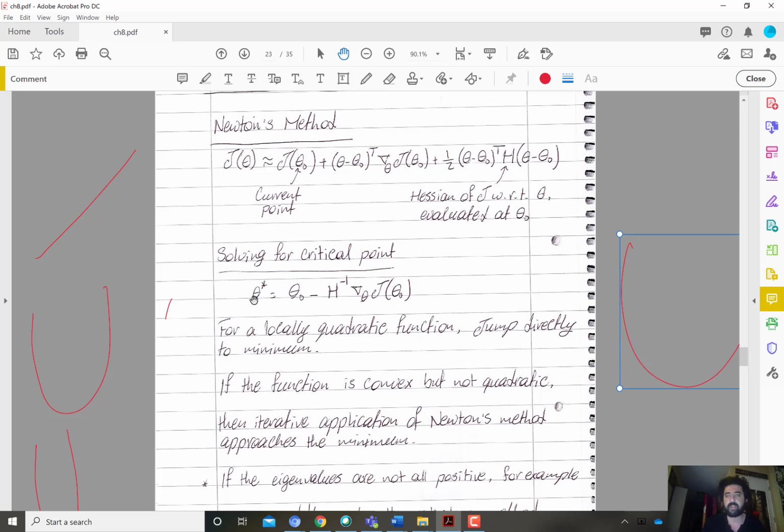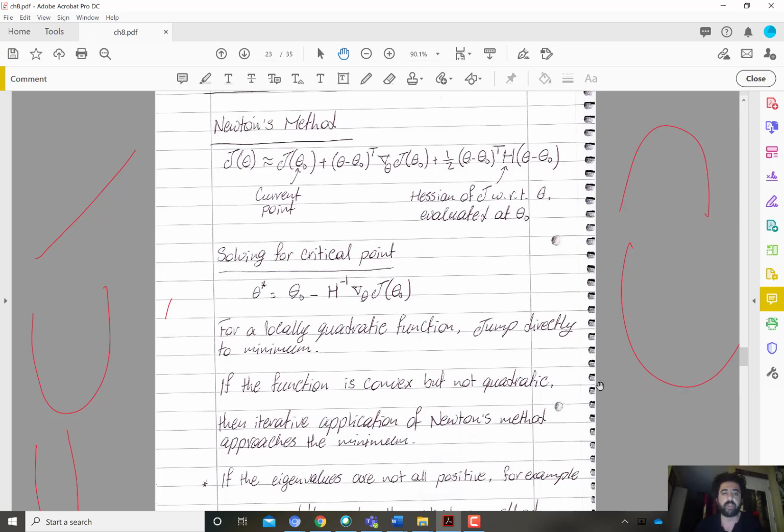But one of the classical problems is that when you jump to a critical point, this critical point could be a minimum, but could also be a maximum, right? So it depends on the sign of the second order derivative, which is given by the sign of the eigenvalue of the Hessian in that direction. If the eigenvalue is positive, then you're going to a minimum. If the eigenvalue is negative, then you're going to a maximum, right?